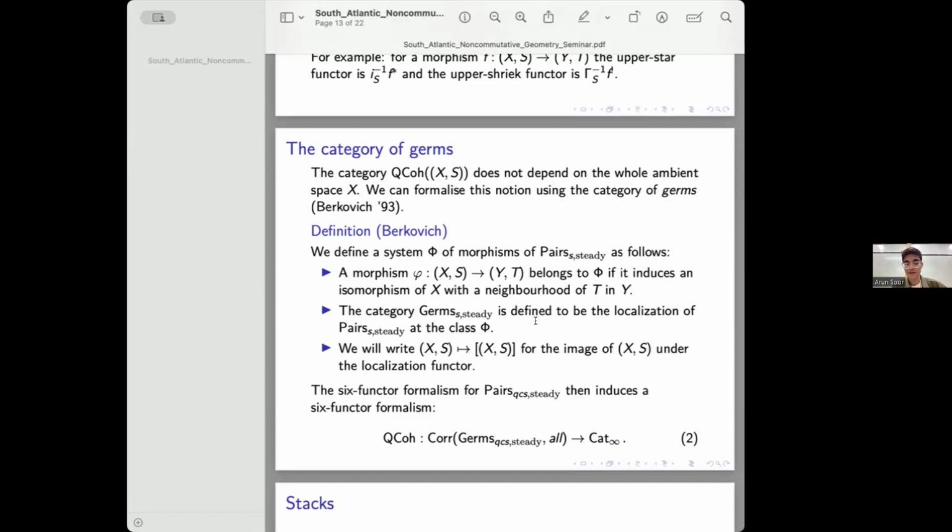The category of germs is defined to be the localization of the category of pairs at this class Φ. I'll write (X, S) goes to [X, S] for the image of (X, S) under this localization functor.